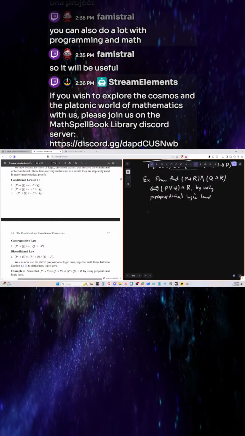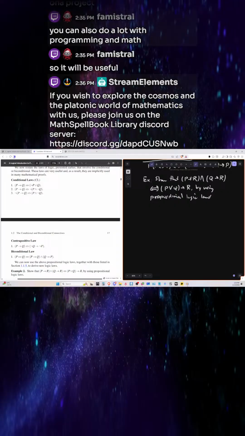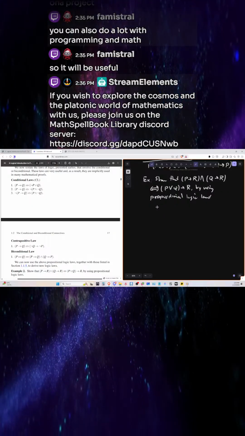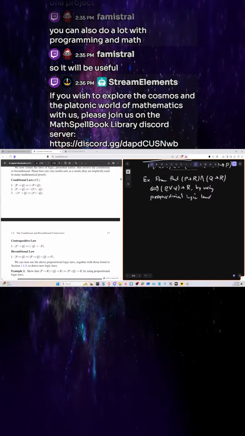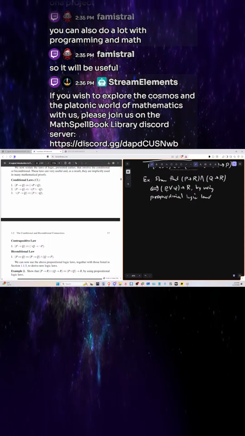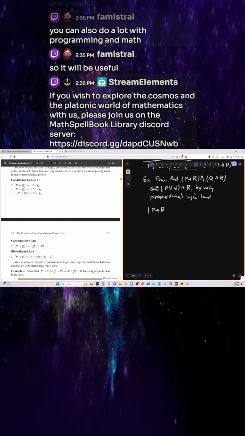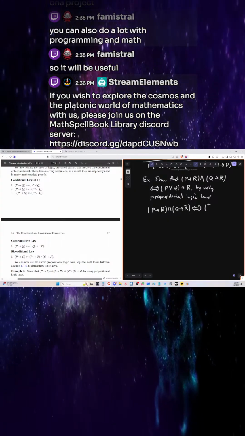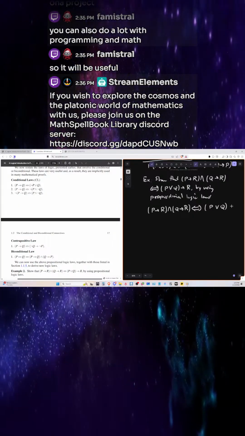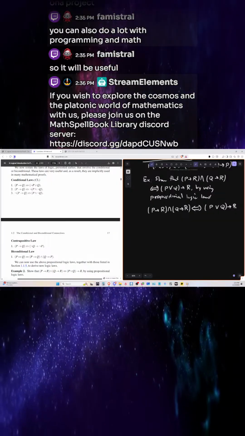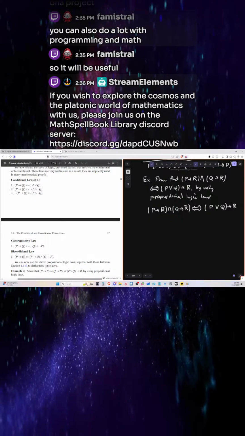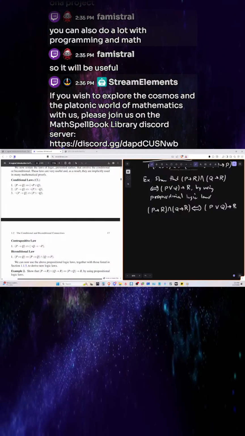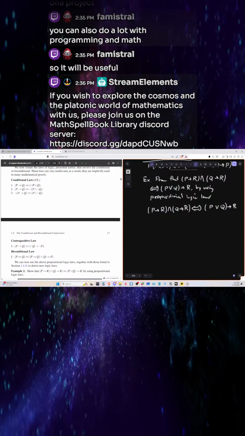Let's see. We start out with this, and this is supposed to be if and only if P or Q implies R. I feel like this is something with De Morgan laws, but usually for De Morgan laws you see a negation.